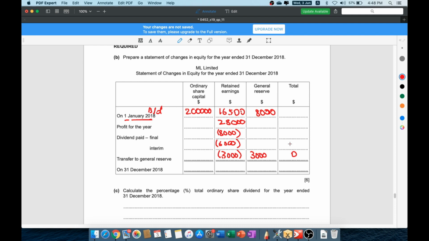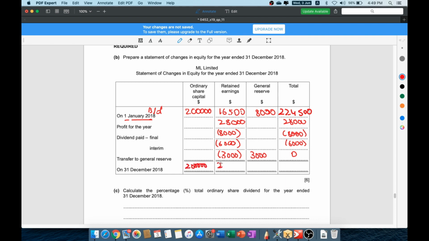We're totaling the columns here. So this is negative 6,000. This is negative 8,000. This is positive 28,000. These three total up to $224,500. All right. And then we total up vertically 200,000.